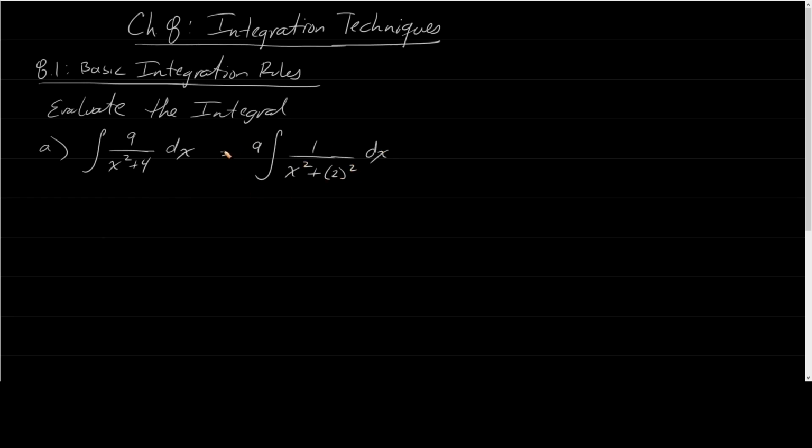And that is in the form of arctangent. So what we end up with here is 9 times arctan of x over 2 plus c. All right, I'm sorry, I forgot to do the over 2. Just 9 over 2 arctan of x over 2 plus c.